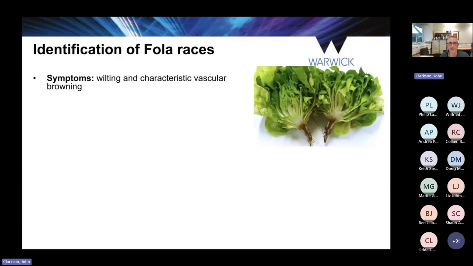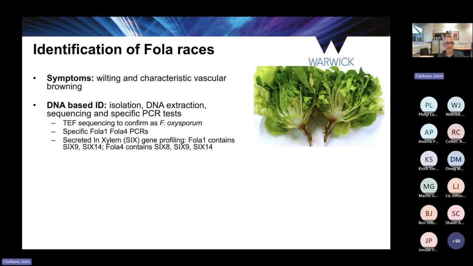How do we identify these different races? If we start with an infected lettuce sample, then obviously there are symptoms which are characteristic of Fusarium in lettuce. As you can see here, this vascular browning is very typical alongside the wilting of the lettuce plant.